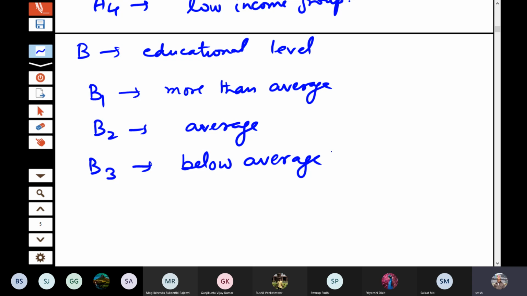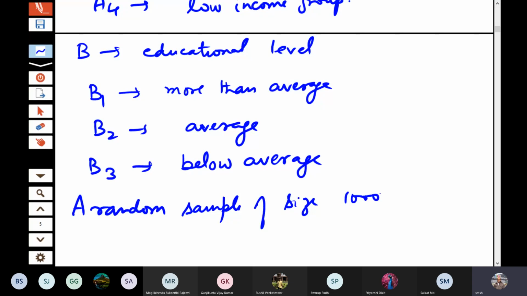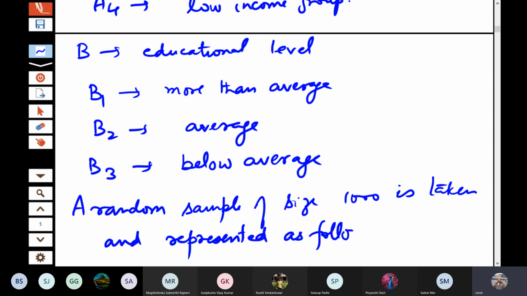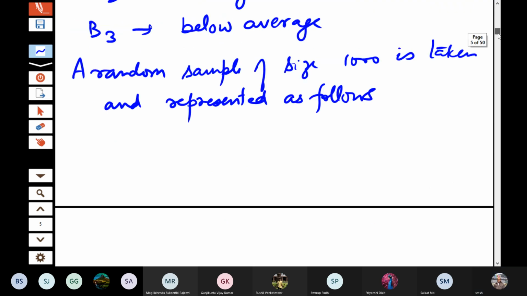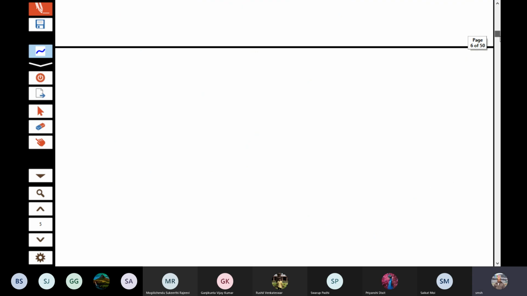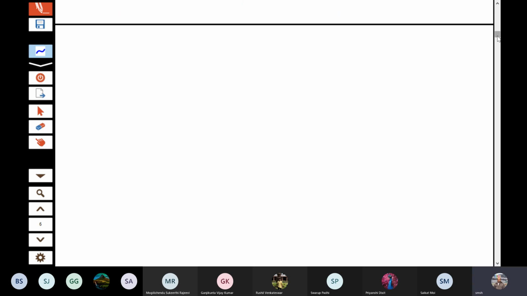And a random sample of thousand is taken, and so I'll make it in the form of a table here.